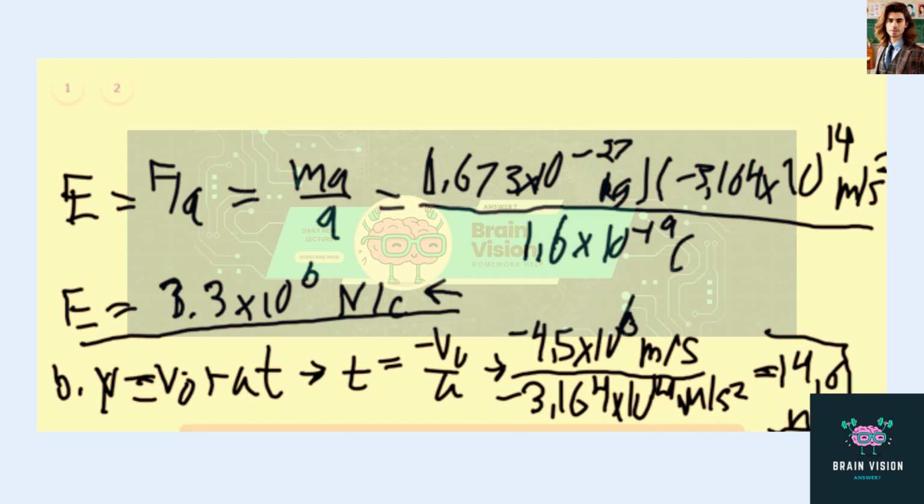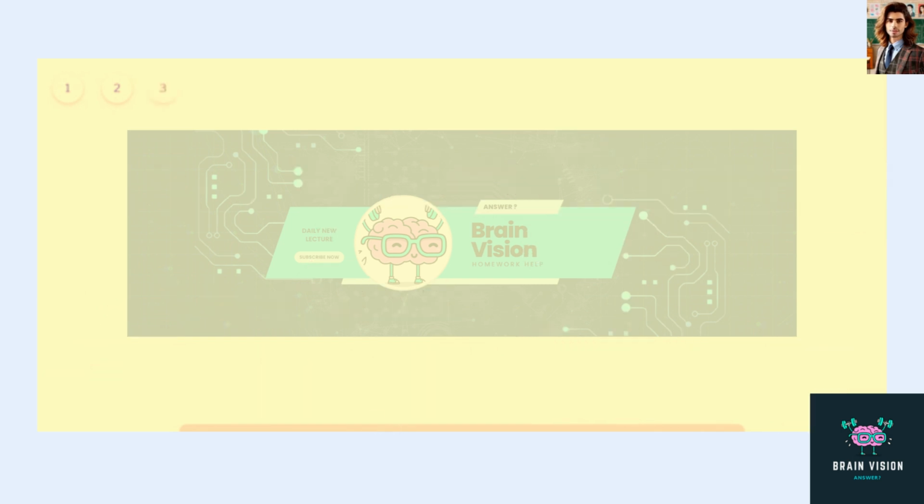And now we move on to part C, which is asking for the strength of the electric field if the proton was replaced by an electron. When we're looking at this, it's the same process that we just used, but we don't need to solve for acceleration.